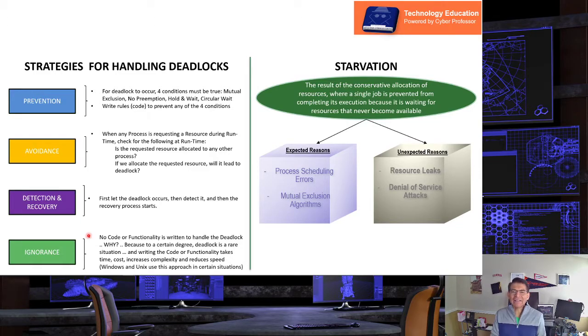It implies the use of human assistance in the form of programmers that are writing code, and it increases the complexity and reduces the speed of your computer system. So why spend all the effort, the resources to prevent or avoid deadlocks when they don't happen that often? So this strategy of ignorance is used in specific situations by Windows and Unix.